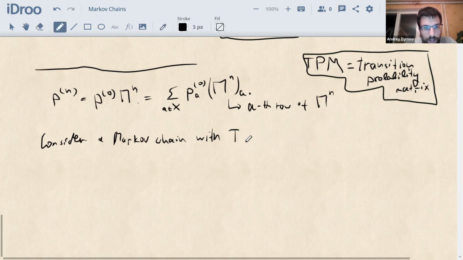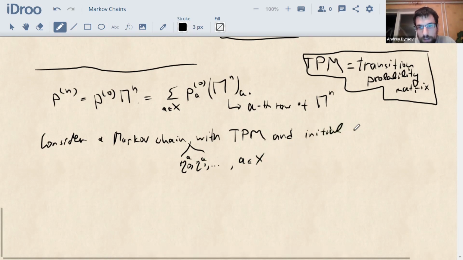So I consider a Markov chain with the same transition probability matrix, but the initial conditions will be different. I will call this Markov chain eta 0, eta 1, etc. And I will put above eta the letter A. I will explain what this letter is. Actually, this is a number of a state, and an initial distribution.